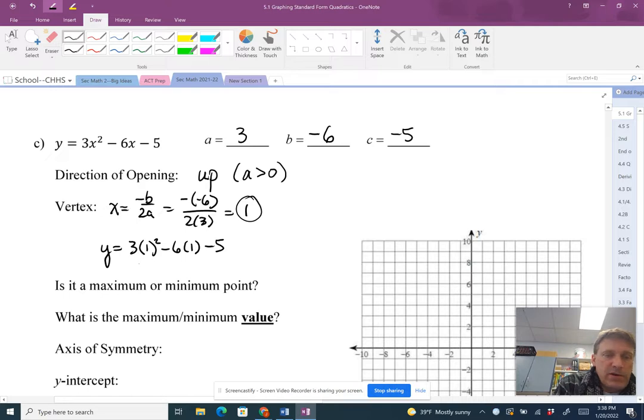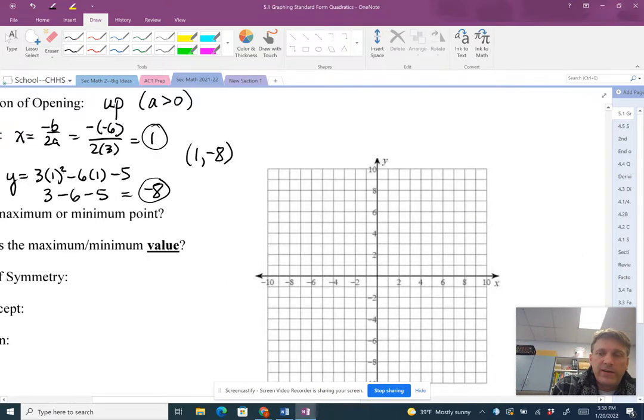And this part here would give me 3. 1 times 1 is 1, times 3 is 3. Minus 6 times 1 is minus 6, and then I've got minus 5. 3 minus 6 is negative 3. Negative 3 minus 5 is negative 8. And so the vertex is the point 1 comma negative 8.